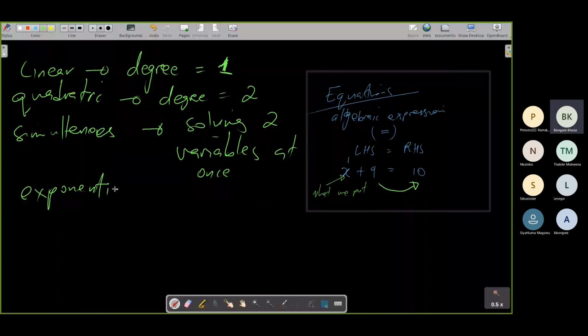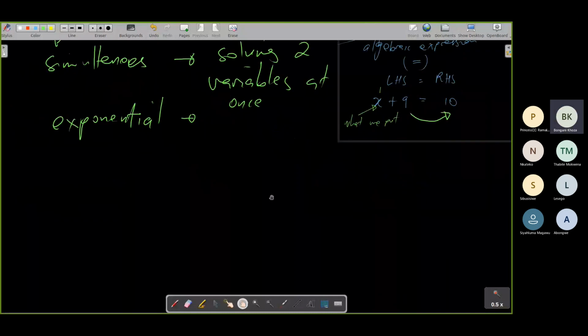For this one, we'll be looking at something like this, whereby, let's use something simple, I'm given x exponent 3 equals 8. I think that one should be fine.